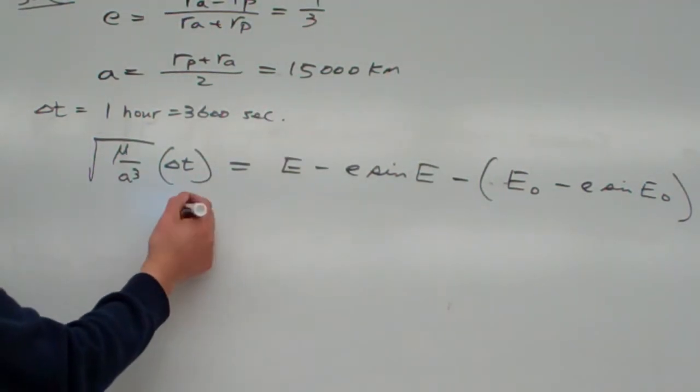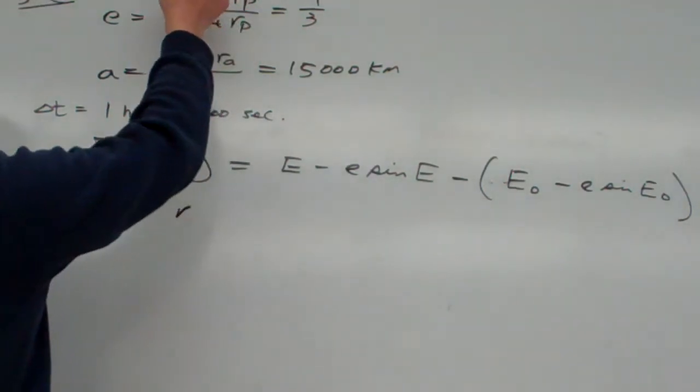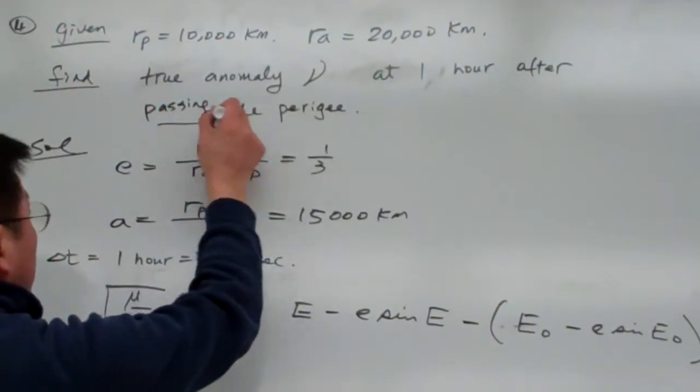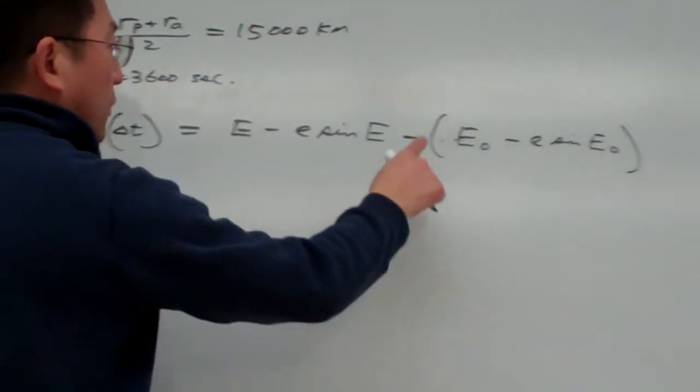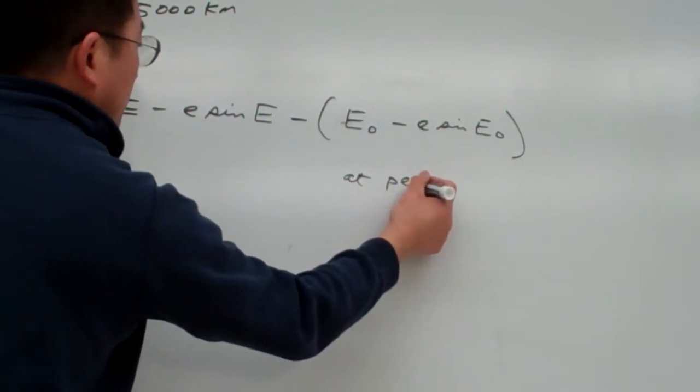So this one is given. And we have our reference, so we pass in the perigee. So we can indicate at perigee, we can determine the E0.